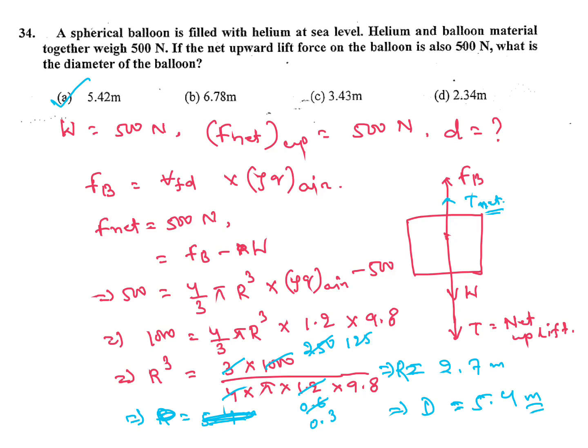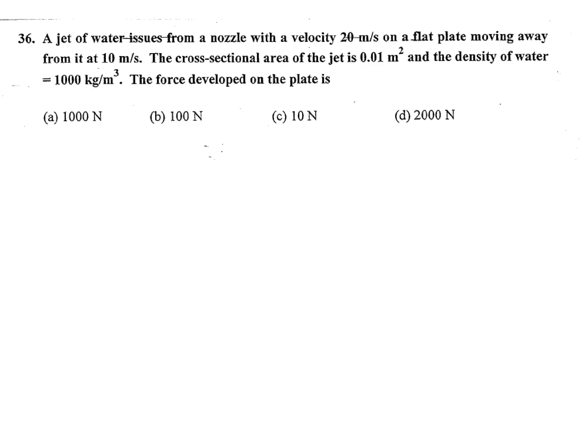A jet of water issues from a nozzle with a velocity of 20 meter per second on a flat plate moving away from it at 10 meter per second. The cross-sectional area of the jet is 0.01 meter square and the density of water is 1000 kg per meter cube. Find the force developed on the plate.